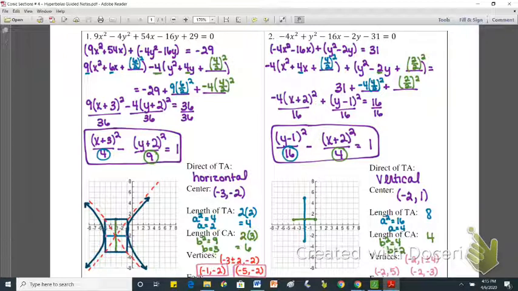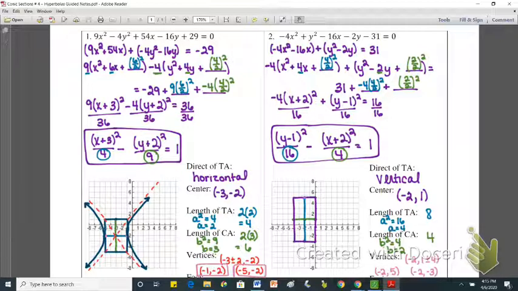And therefore, those are the corners of my box. Yes, you must draw the box. The box helps you get your asymptotes because I use the corners of my box to get my asymptotes.